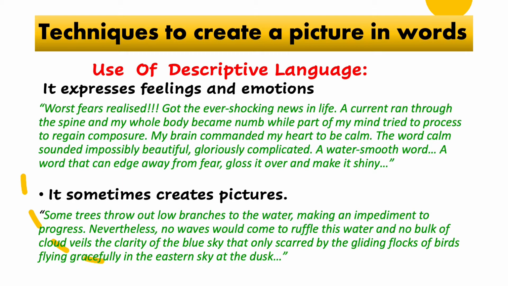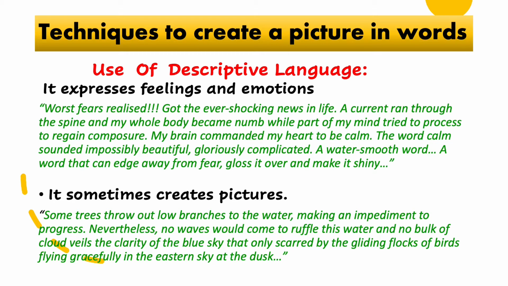A current ran through the spine and my whole body became numb while part of my mind tried to process to regain composure. My brain commanded my heart to be calm. The word calm sounded impossibly beautiful, gloriously complicated. Avoid a smooth word, a word that can edge away from fear, gloss it over and make it shiny.